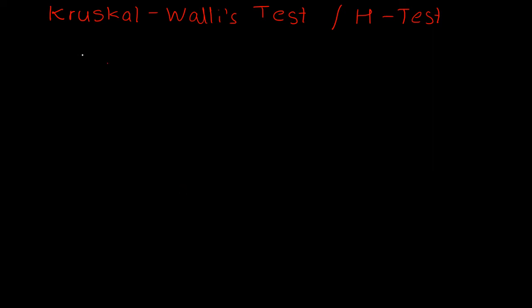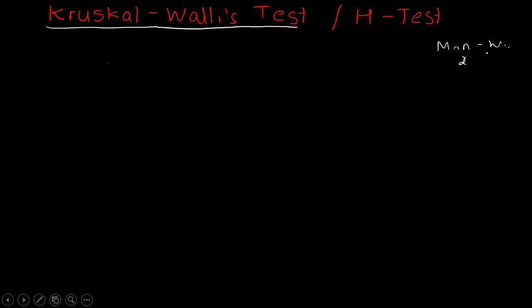Now the only difference is, the first test which we had seen was the Mann-Whitney test, for comparing two kinds of samples. This Kruskal-Wallis test is for comparing more than two independent random samples.